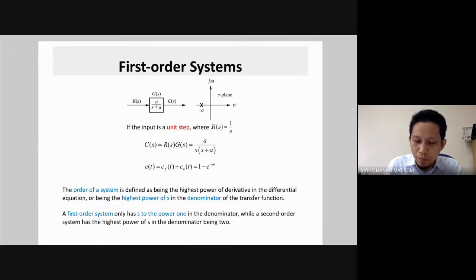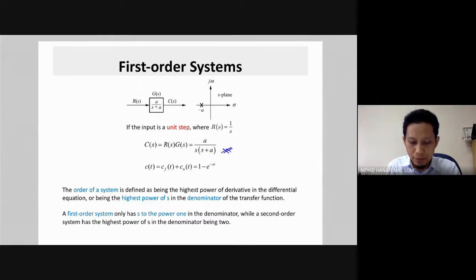I hope everyone can understand how we get this expression. When we put it into the time domain, we take the inverse Laplace of the expression C(s).